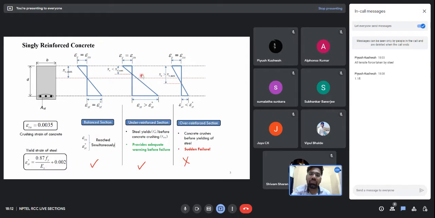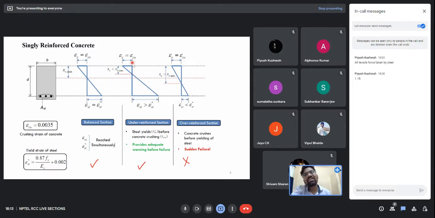Now coming to the under reinforced section. In an under reinforced section, the strain in steel exceeds the yield strain. What does that mean? The strain present in the steel is more than its yield strain, and whatever strain we have in concrete has not yet reached its crushing strain value.